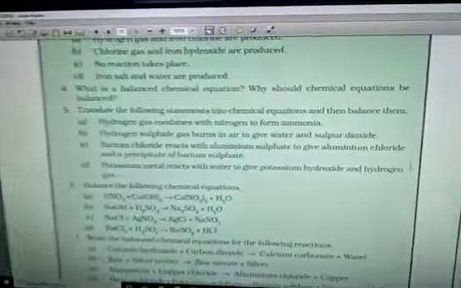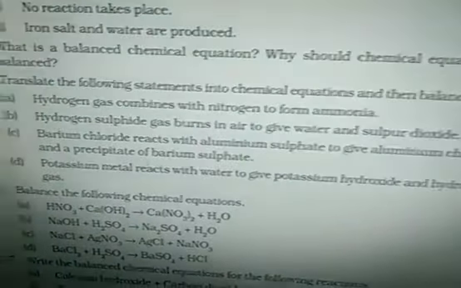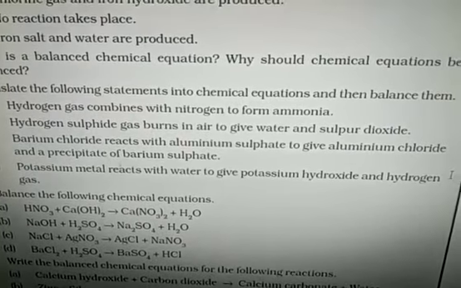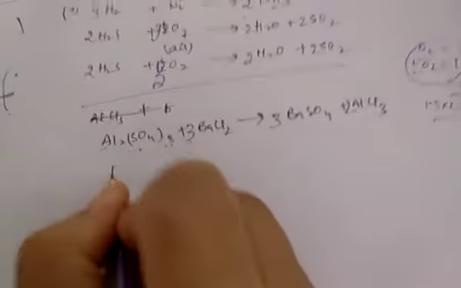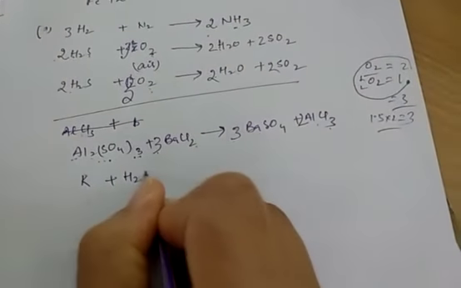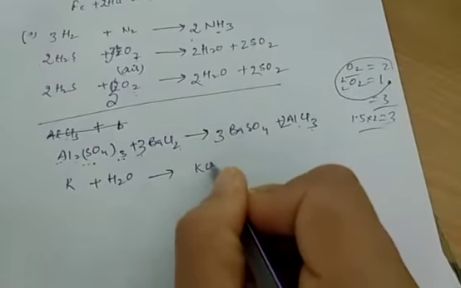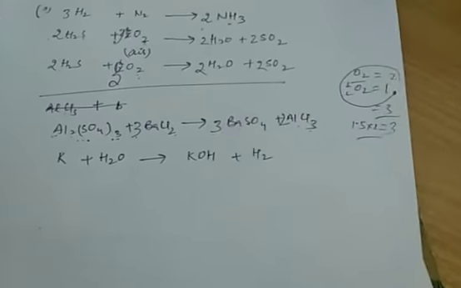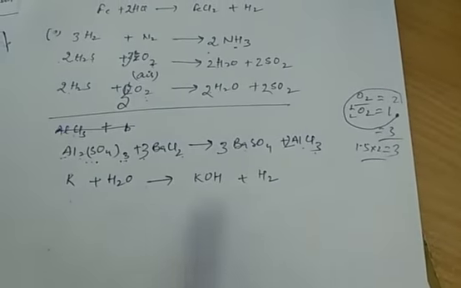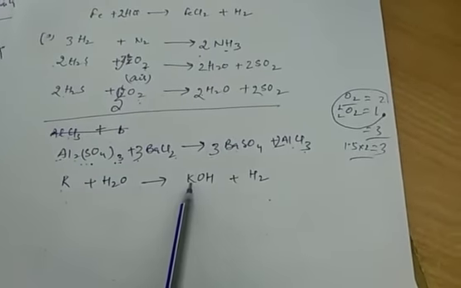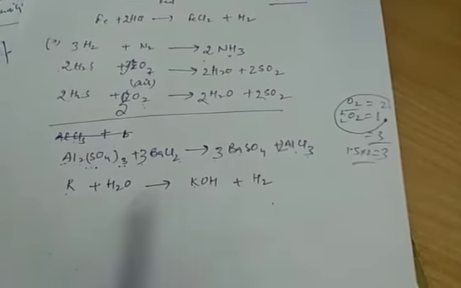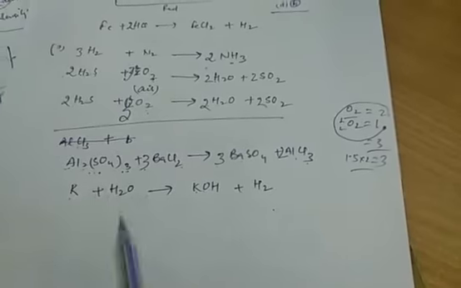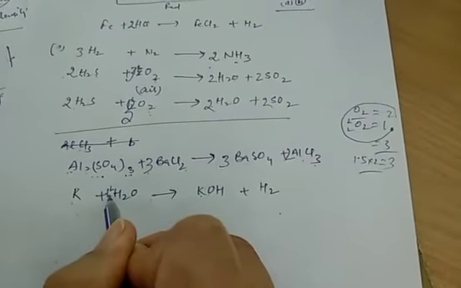Now come to the next. This is D. Potassium metal reacts with water to give potassium hydroxide and hydrogen. Potassium reacts with water gives potassium hydroxide plus hydrogen gas, right? Now listen very carefully. In the same way you can balance the reaction. K1 O1, but hydrogen 2 plus 1 3 and here only 2, so it should be 1.5.